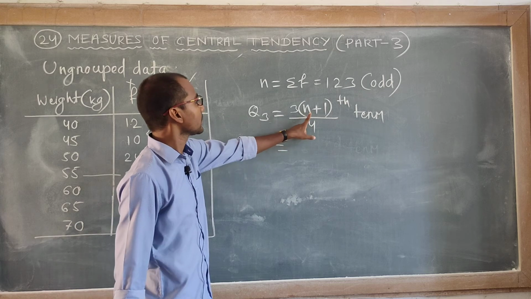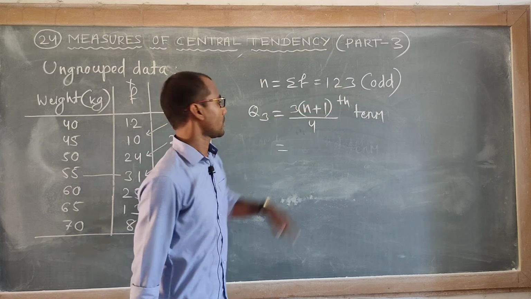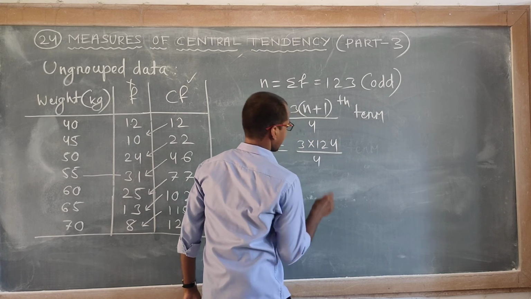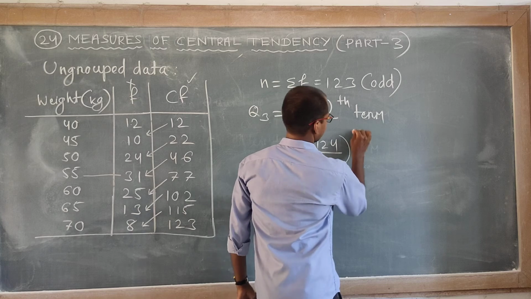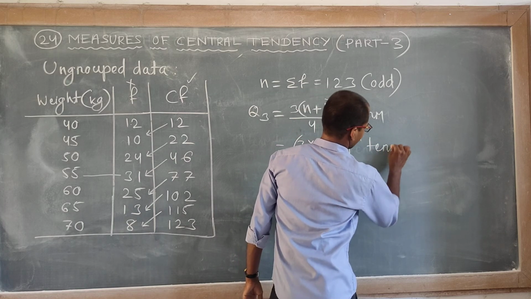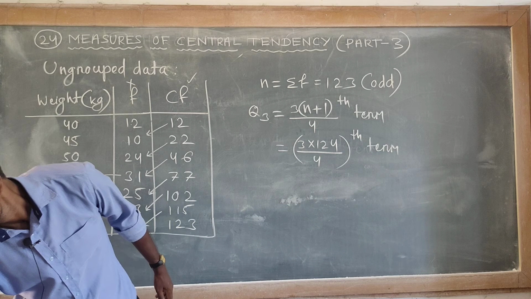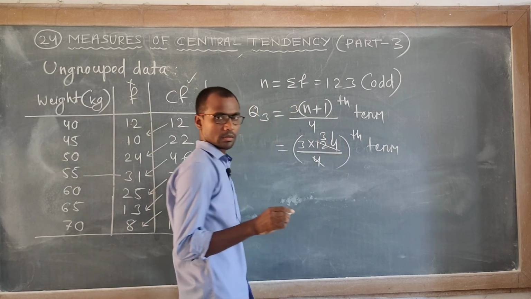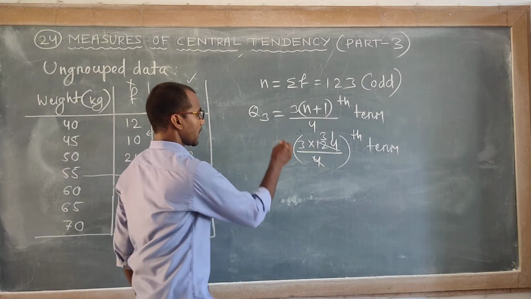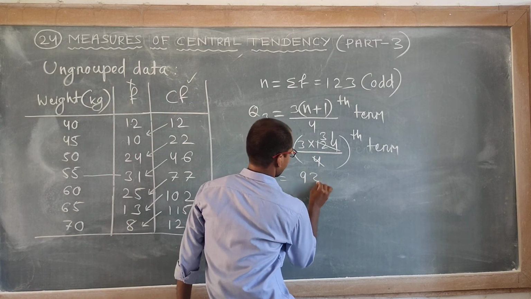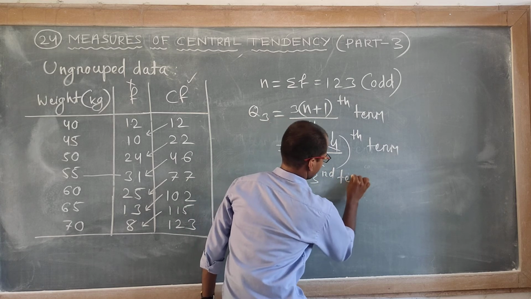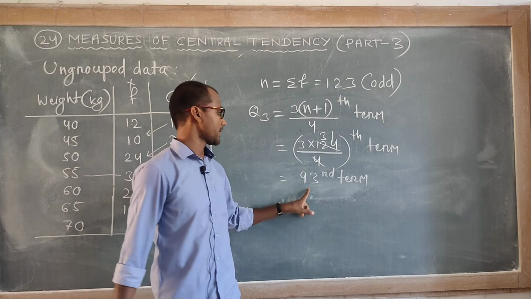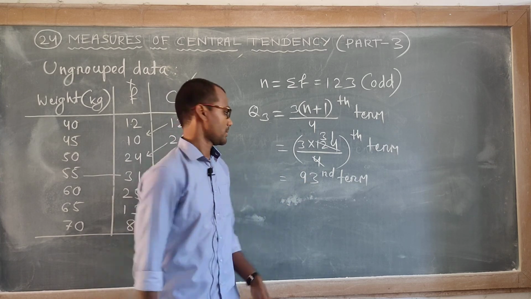N plus 1 is 124, so 3 into 124 by 4. 4 into 31 is 124, so 3 into 31 is the 93rd term, meaning the student who is standing at the 93rd position. His weight we have to find.